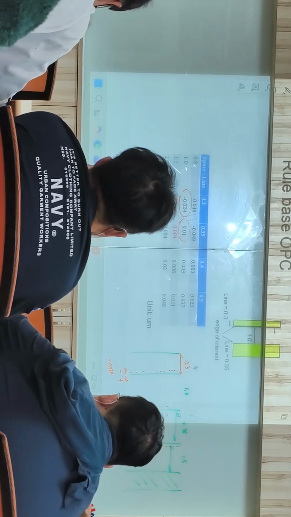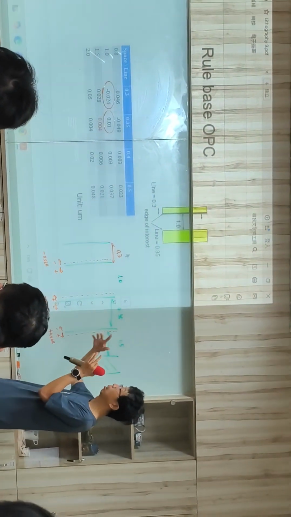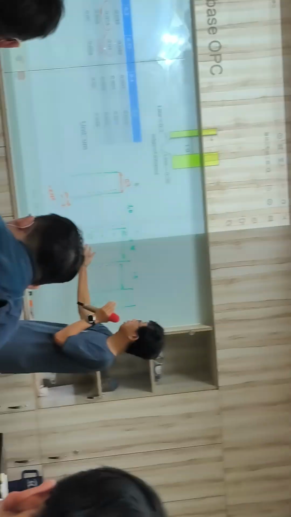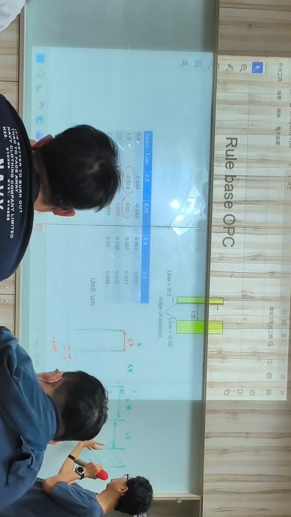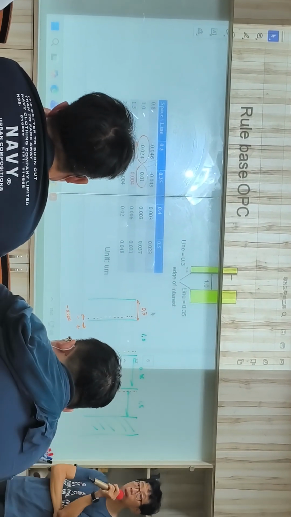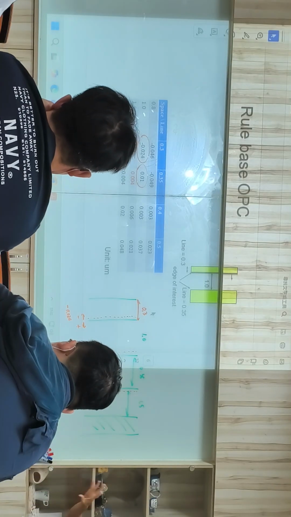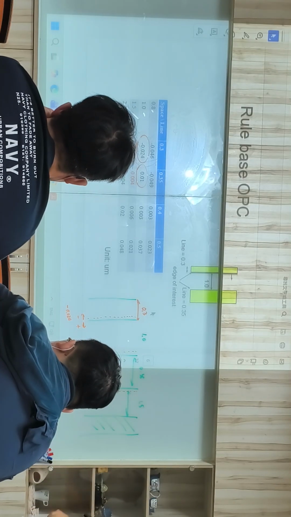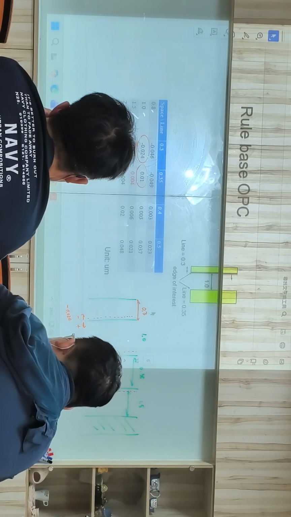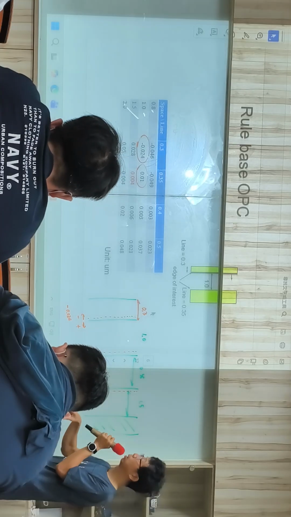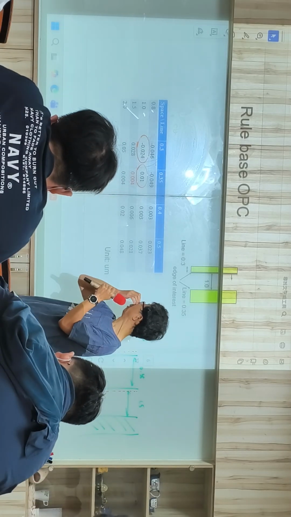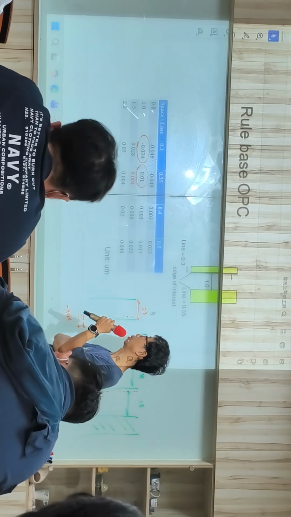Okay, so it does not necessarily change the CD. It only changes one side. Okay, it doesn't know the other side because it does not know what the space is on the other side. So the rule-based OPC works like this. So there's a plus or minus, and make it wider or make it smaller.